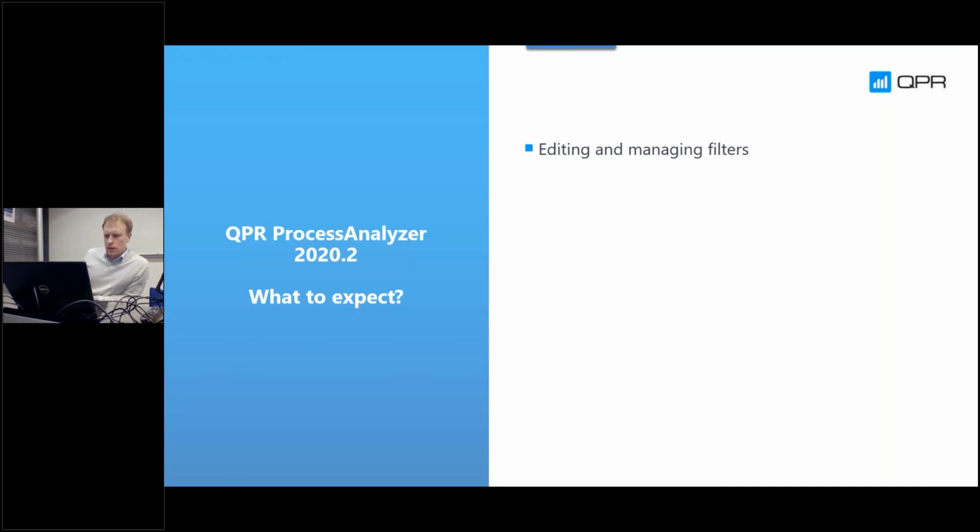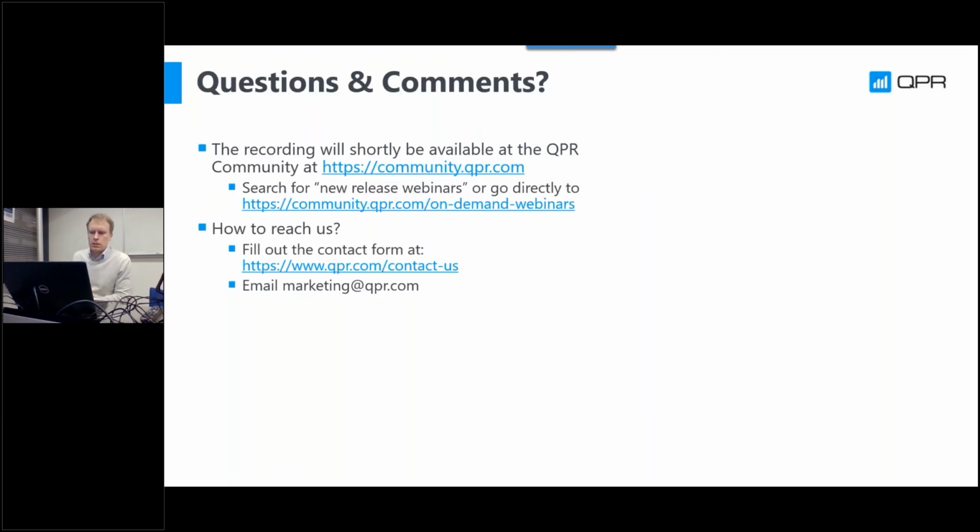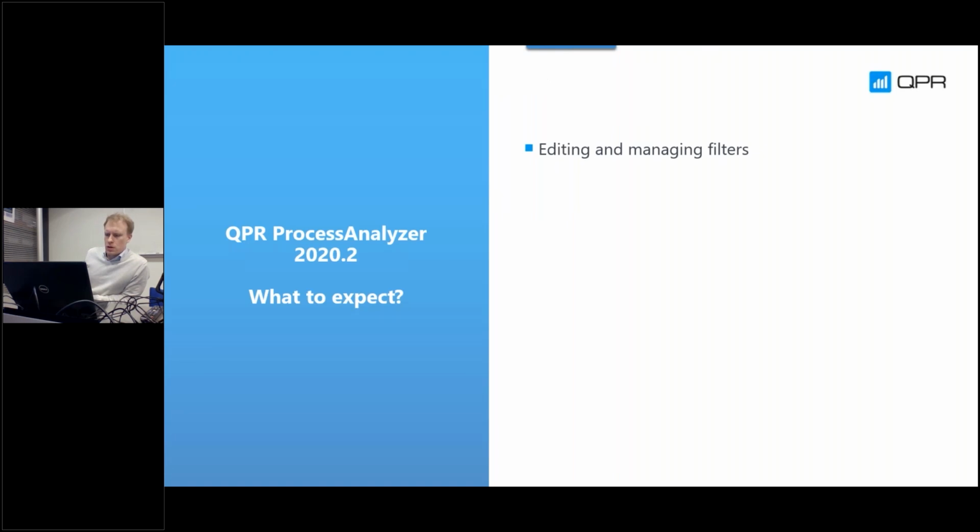And okay, as a last thing, I could mention that in the next release, there will be a functionality to get links to dashboards. So if you want to send, for example, a link to your colleague for an interesting ProcessAnalyzer dashboard, you can just click get the link and then send that link to your colleague. So those things, for example, are coming in the next release.